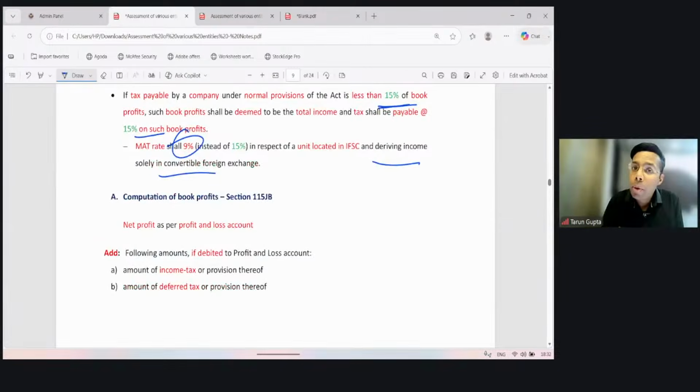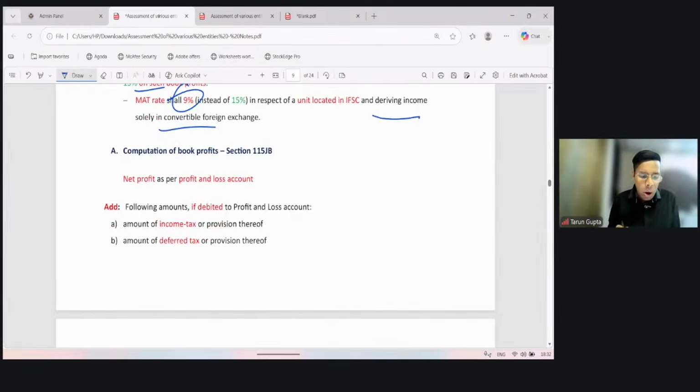How are the book profits computed? Computation of book profit is under section 115JB. It starts with the net profit as per the profit and loss account. The profit and loss account is prepared in accordance with the provisions of the Companies Act, Schedule 2, and the accounting policies, accounting standards, method and rate of depreciation used for preparing this P&L.